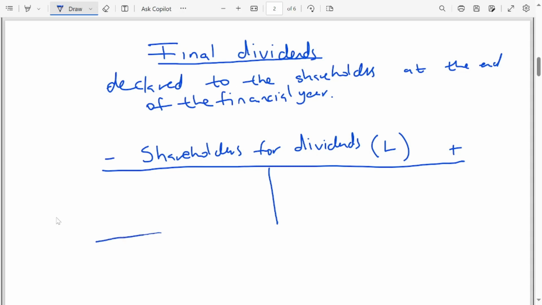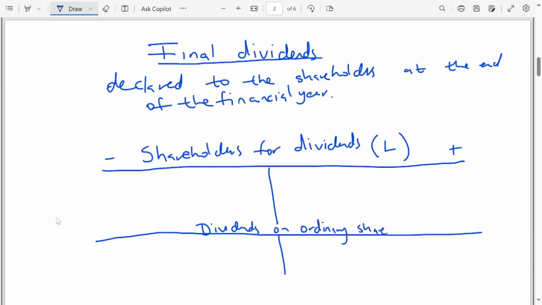Right? And then we're also going to have dividends on ordinary shares, which is an expense. So now, yes, we have not yet paid the shareholders, but you need to remember the matching concept.